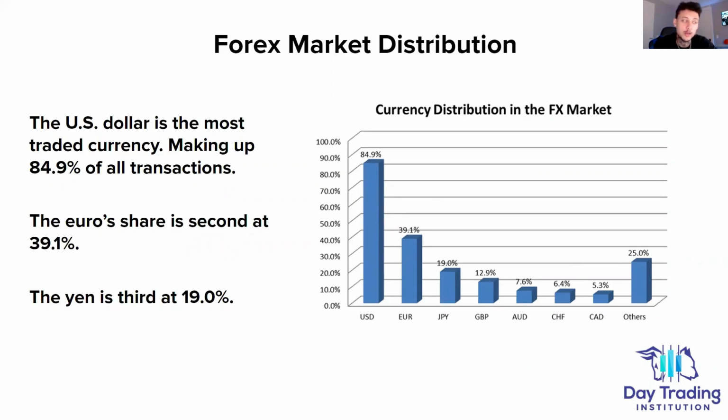And typically these are going to be your more manipulated pairs, like I've said previously. So you can see the USD is traded the most, and then everything else is kind of spread out evenly out of the 100%. Then we have the euro in second place, then the yen at third. So we have these three currencies being traded the most. This is the distribution of the amount of volume that's actually traded.